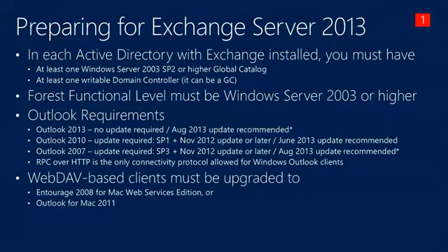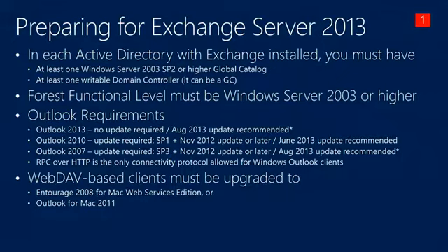And as I mentioned, RPC over HTTP is the only way we allow Outlook clients to connect. That will also have an implication for any other applications you have in your environment that use MAPI CDO, because MAPI CDO applications also tend to use RPC over TCP as their connectivity as well.